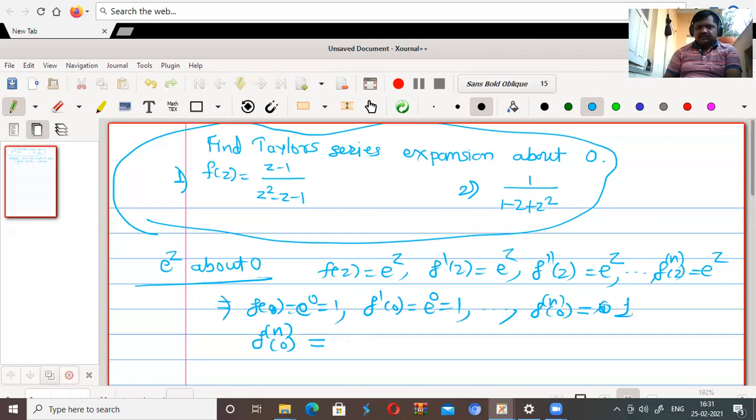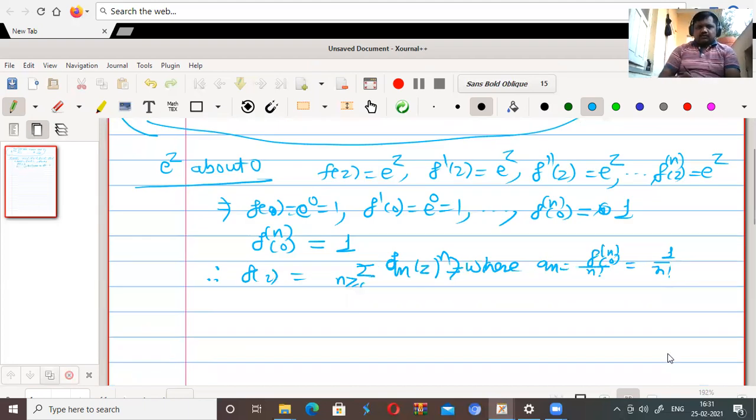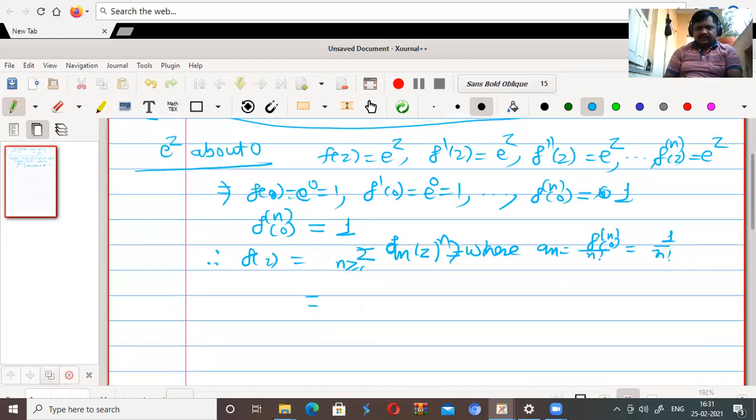So the nth derivative of f at 0 is 1, and therefore the Taylor series expansion of f of z is nothing but summation n greater than or equal to 0 of a_n z minus 0, that is z raised to n, where a_n is f n at 0 upon n factorial. f n at 0 is 1, so a_n is 1 upon n factorial.